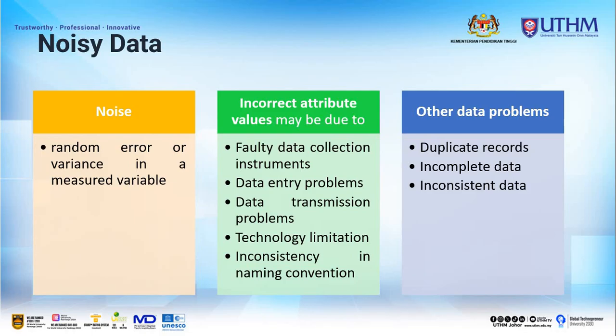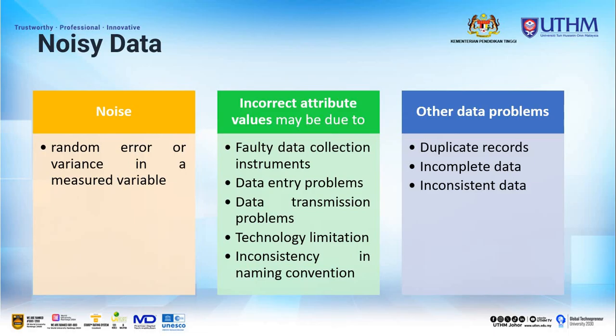They say text, but it shows ABC123. It's alphanumeric already, not text, instead of a proper name. So noise can distort your results, so it must be identified and corrected or removed. Other data problems you can see there: duplicate records, incomplete data, inconsistent data.